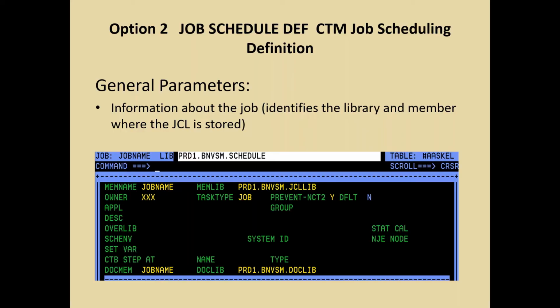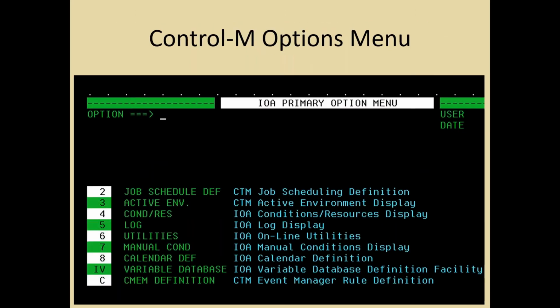Just try to concentrate on the first line, which says your library as prd1.bnvsm.schedule. At the right corner you can see the table as #AA SKEL.